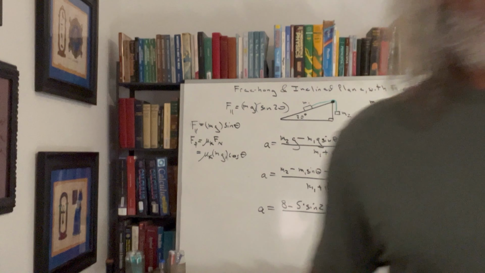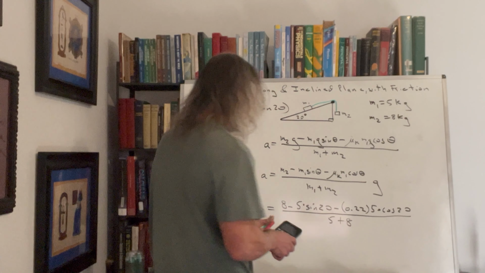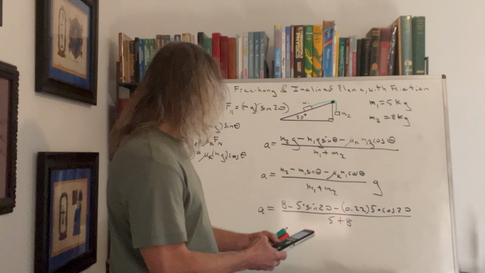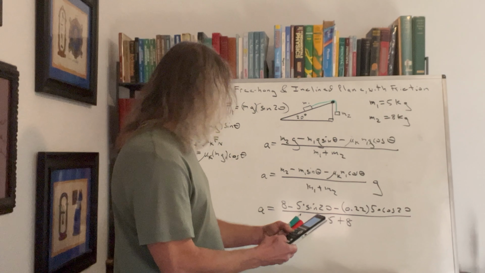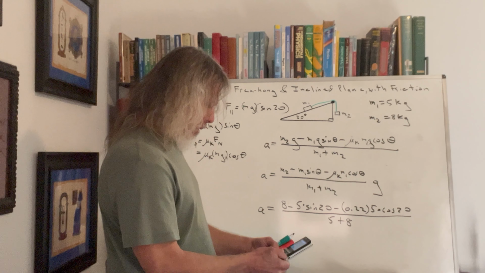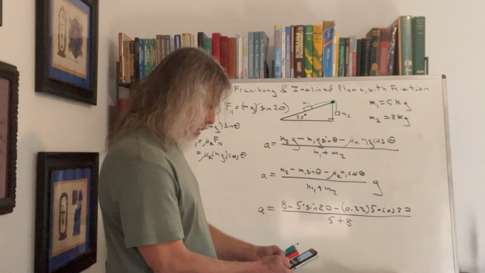Then put it in the calculator. I'll do them separately, top and bottom. So 8 minus, make sure I'm in degree mode. Let's see, mode, degree, good.